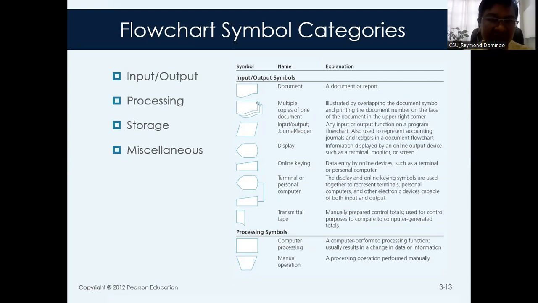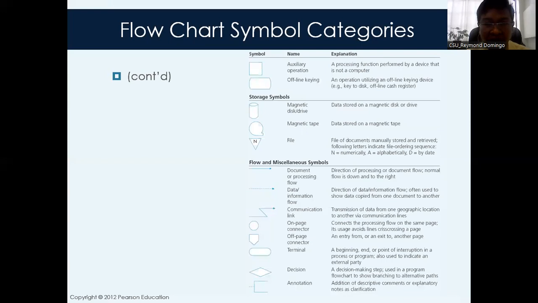For example, under our input-output symbols, we have the symbol for document, multiple copies of document, the input-output journal ledger, we have the display, online keying, terminal or personal computer, the transmittal tape, and for processing, the computer processing symbol, the manual operation symbol, the auxiliary operation symbol, the offline keying.